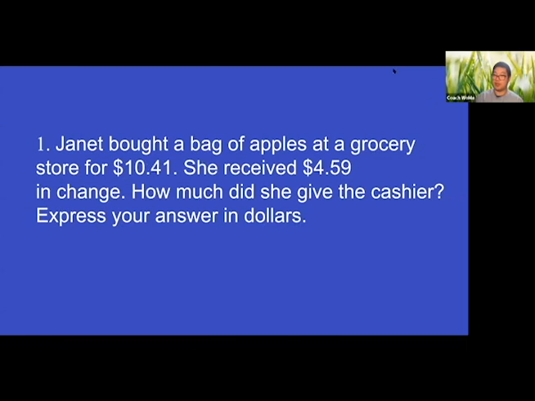So change, right? Change means the remainder after the purchase.